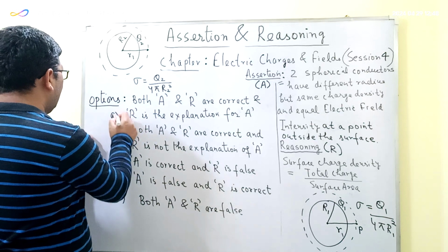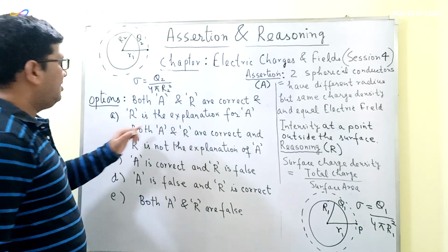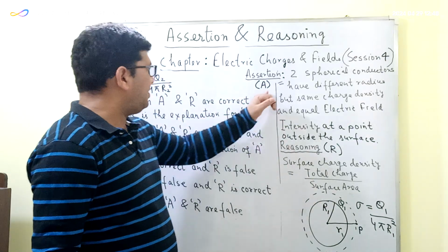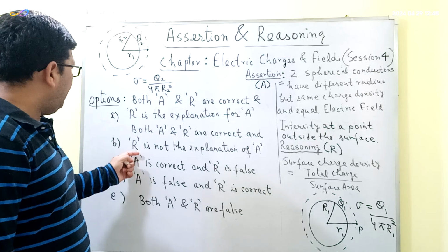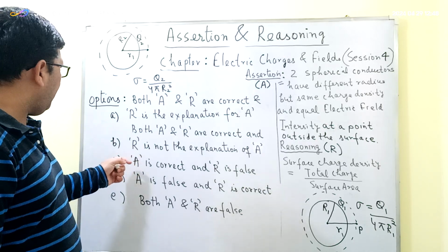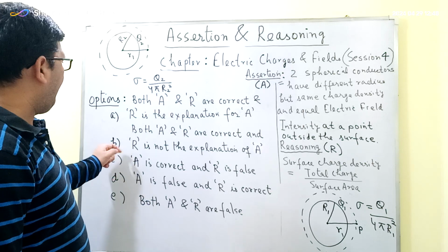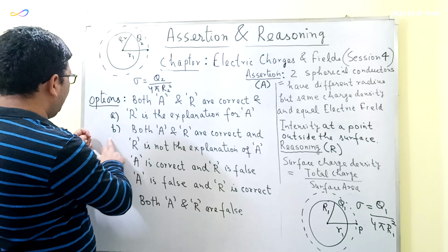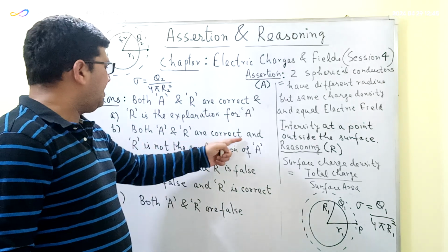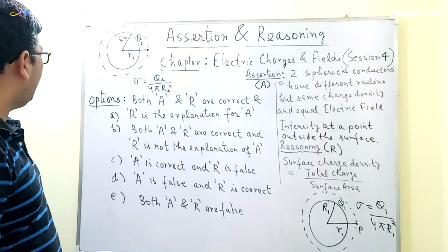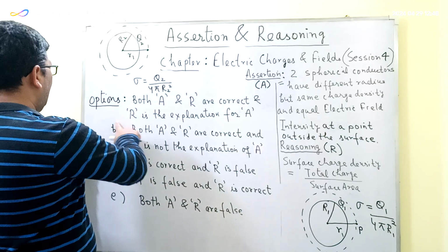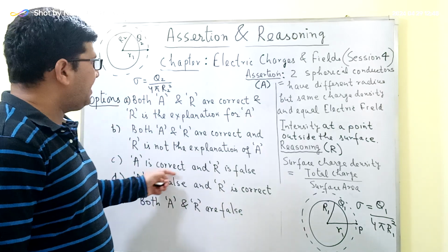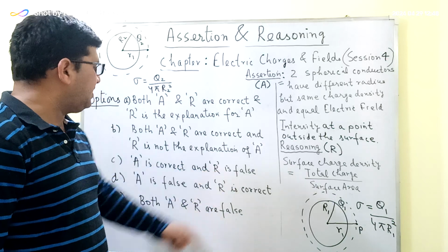This is option A, and this option is correct when the assertion and the reasoning are correct, and R is the correct explanation for A. B is correct when both the assertion and reasoning are correct, but R is not the correct explanation for A. Option C is correct when A is correct, that is the assertion is correct, and the reasoning is false.